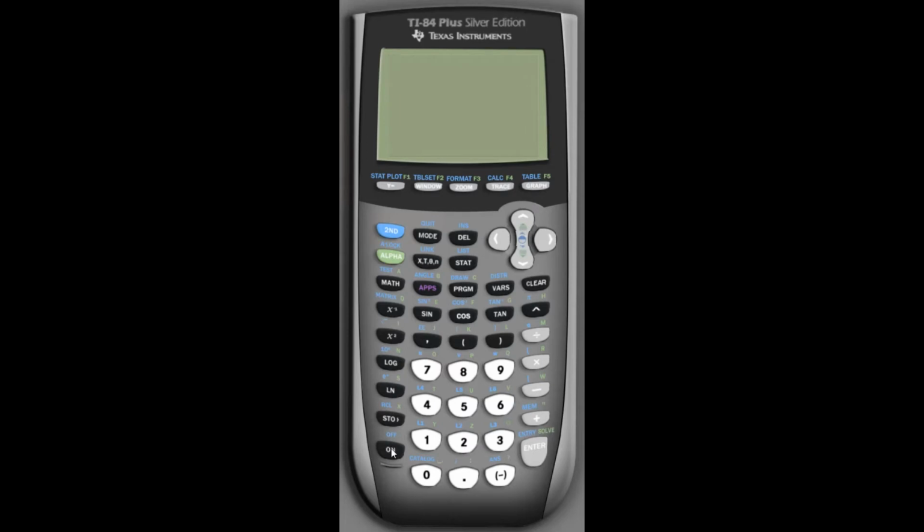Let's find all those values for which r of t minus 0.7 is equal to 0.